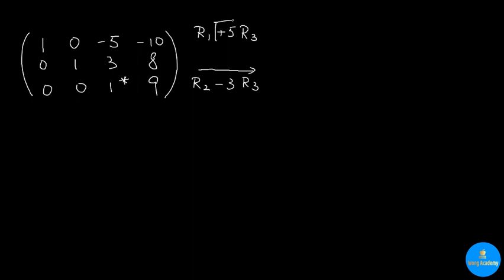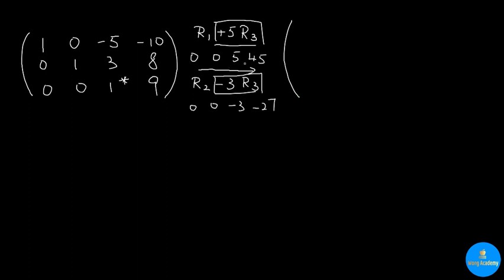The auxiliary row 5 times R3 is given by 0, 0, 5, and 45. And the auxiliary row -3 times R3 is given by 0, 0, -3, and -27.